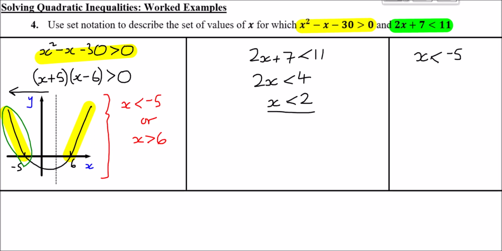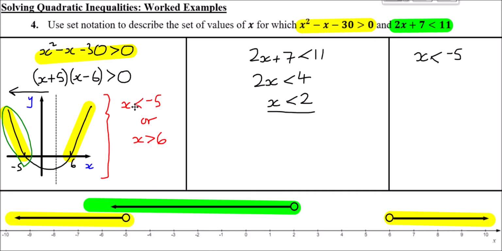Now, we can use a number line as well if we wanted. Using a number line idea, we'd have something that looks like this. These are solutions in yellow for the yellow inequality, and for the green inequality, 2x plus 7 being less than 11, x being less than 2 I've highlighted in green.